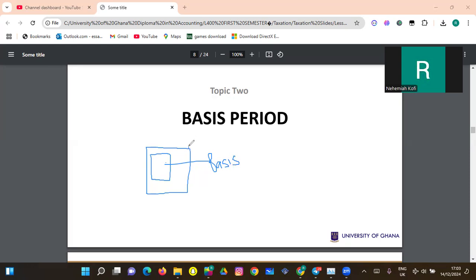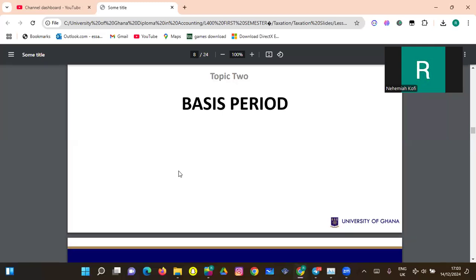And then the bigger box is the year of assessment. So the basis period is more or less like the number of days, months in a year that you've worked, right? So we will dive into this very soon. That's basically it. So if you really understand this, then you are good to go. So this is the base.